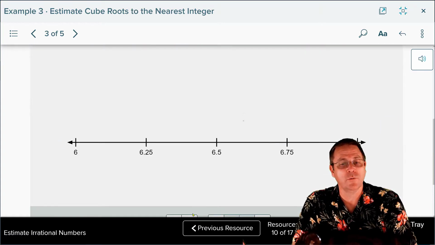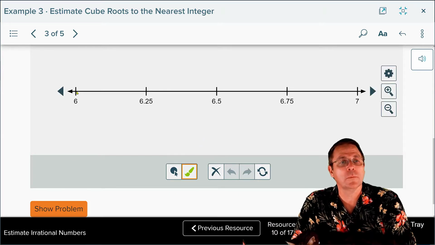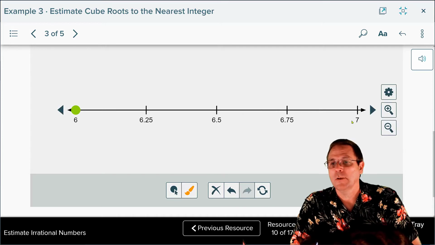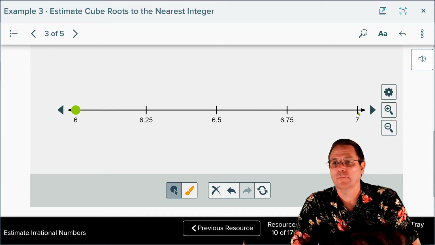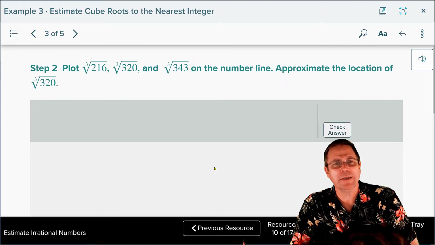So, the cube root of 216 was going to end up being 6. The cube root of 343 was going to end up being 7. And then we need to figure out where the cube root of 320 is going to be. It's 23 away from 343, but it is 104 away from 216.